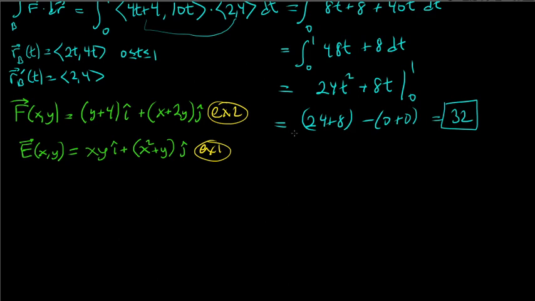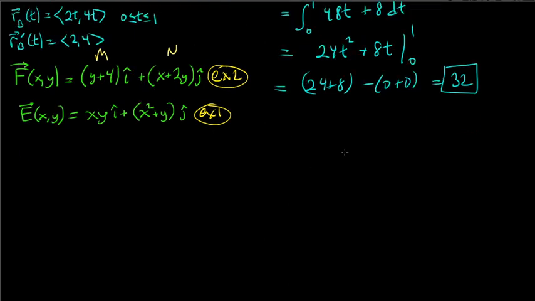So it has to do with the vector fields. What's the difference between these 2 vector fields? Well, obviously they're just 2 different vector fields. They have different components, different M and N. So here M is y plus 4, N is x plus 2y, and for example 1, M was x times y, N was x squared plus y.